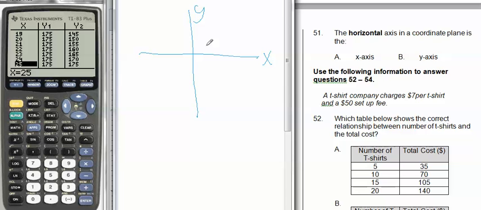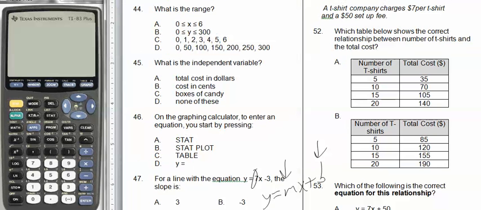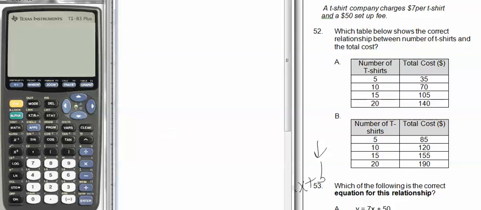A t-shirt company charges $7 per t-shirt and a $50 setup fee. Which table shows the correct relationship between the number of t-shirts and the total cost? Sorry, I scrolled down a little too far. Let's make sure we can see it. For this one, I would do the same thing. I would go y equals, we have a $50 setup charge, so that's a one-time fee, and then 7 per t-shirt. So 7 times the number of t-shirts plus $50 just one time. There's our formula.